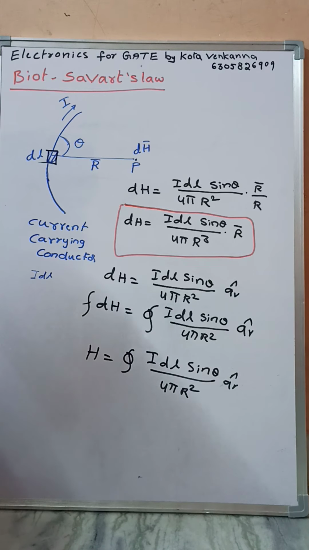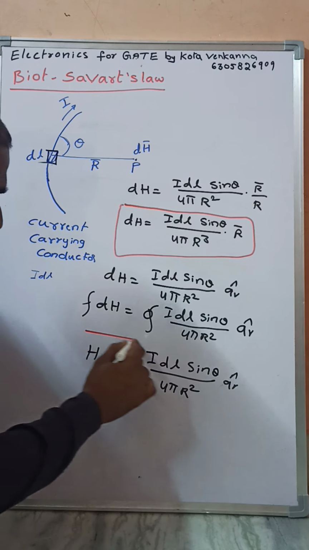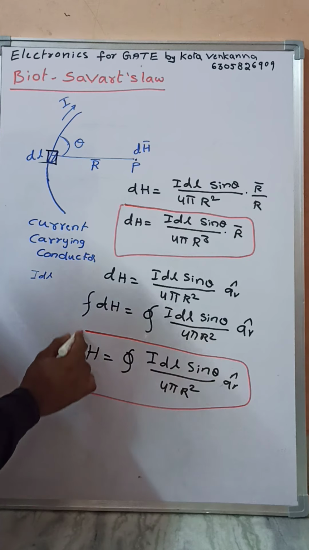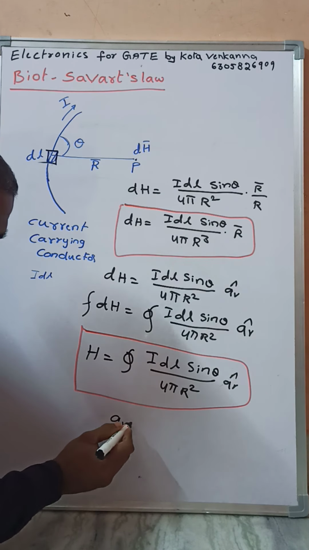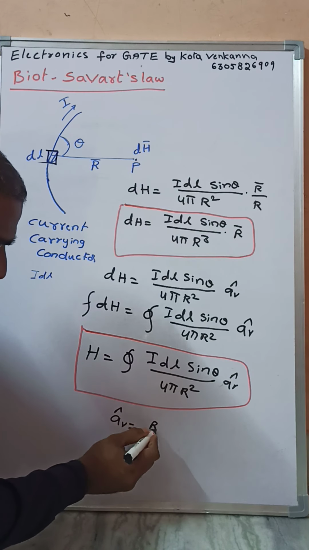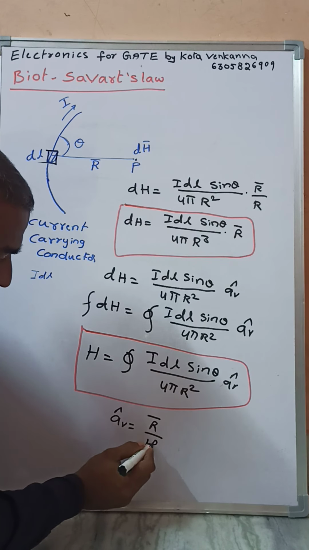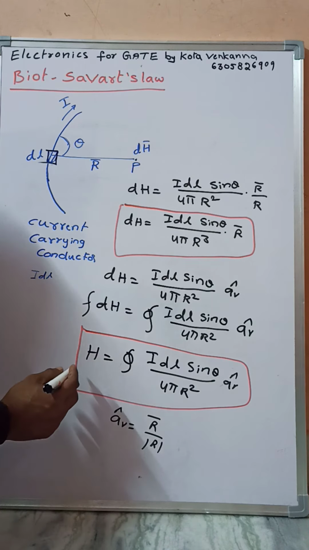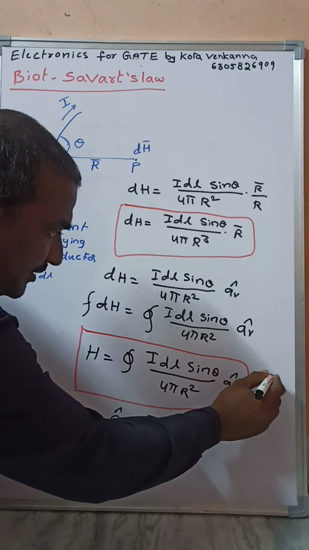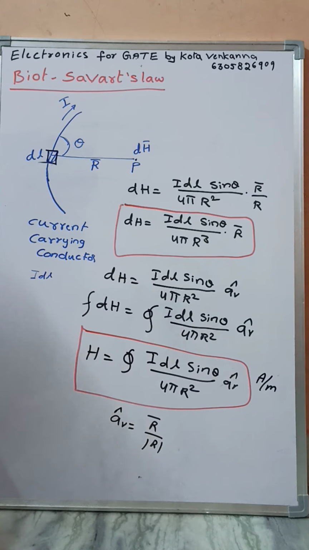The integration and differentiation cancel, so the magnetic field intensity H is equal to the integration of I dl sin theta by 4 pi r square into AR. This is the integral form of Biot-Savart's law. Here AR is written as R bar by modulus of R. The unit of H is ampere per meter.